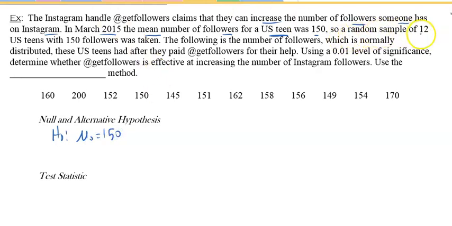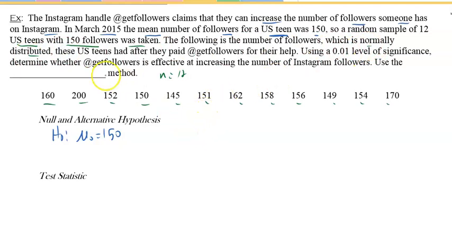A random sample of 12, n equals 12, they give it to us: 1, 2, 3, 4, 5, 6, 7, 8, 9, 10, 11, 12. 12 US teens with 150 followers were taken. The following is the number of followers, which is normally distributed. Very good.